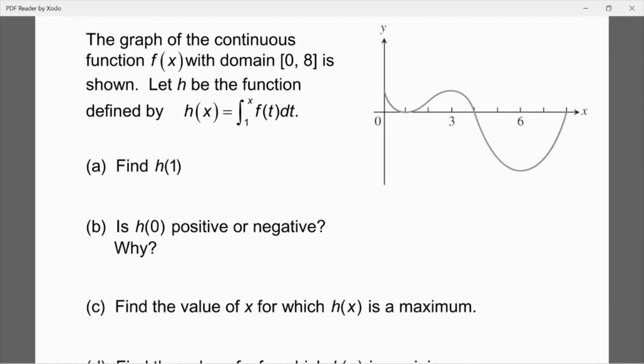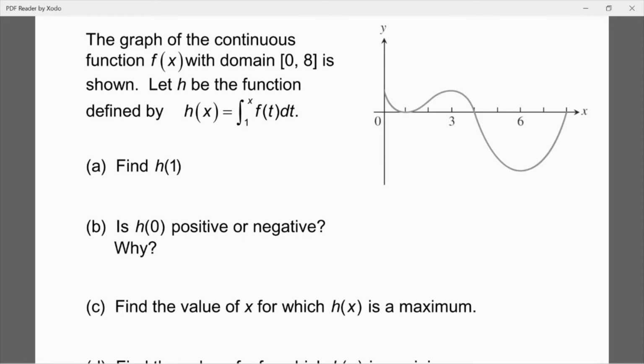Now, what you're going to see with these problems is that it's really the fundamental theorem of calculus that is the basis for how we're going to set this thing up. But the reality is, now that we understand that relationship, all of the other things that we did with applications of derivatives can start to come into play.